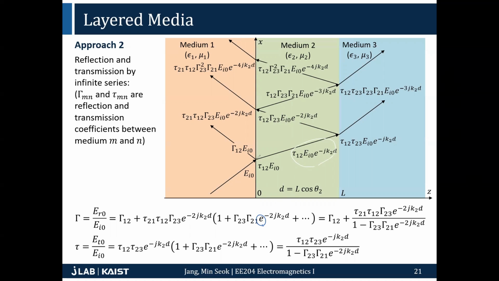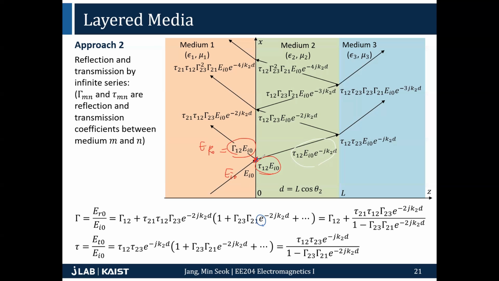So at this point, it's important to understand at what exact position we evaluate the electric field. Here we evaluate at exactly this point, EI naught, and this is ER naught, and this is ET naught, right?